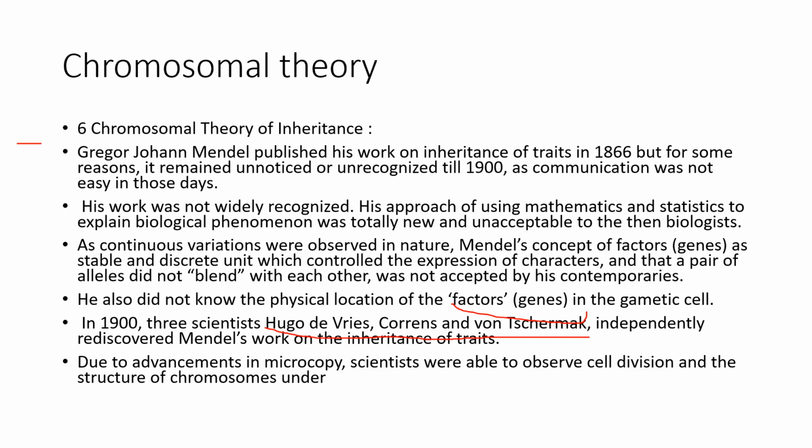During gamete formation, homologous chromosome pairs separate independently in the process of meiosis, and thus each gamete contains only one chromosome of a pair. Remember that homologous chromosomes segregate during meiosis, and that's why each gamete contains only one chromosome of a pair. During fertilization, the union of a sperm and egg restores the diploid number of chromosomes.